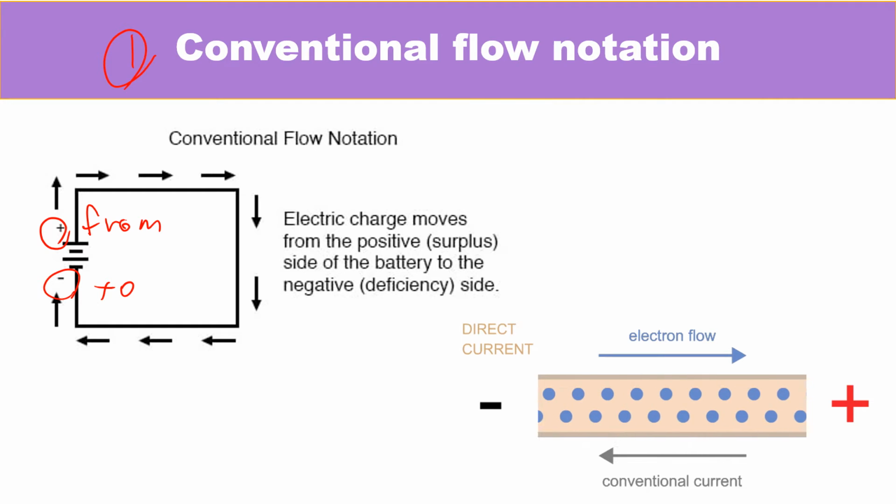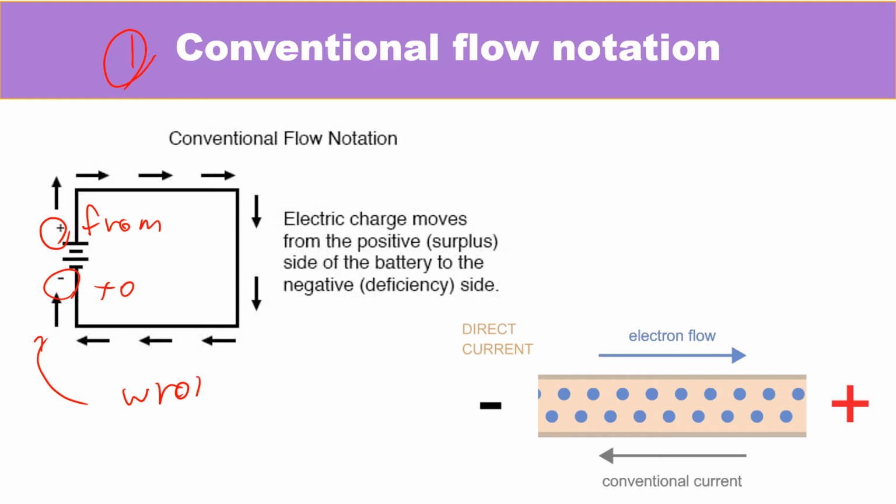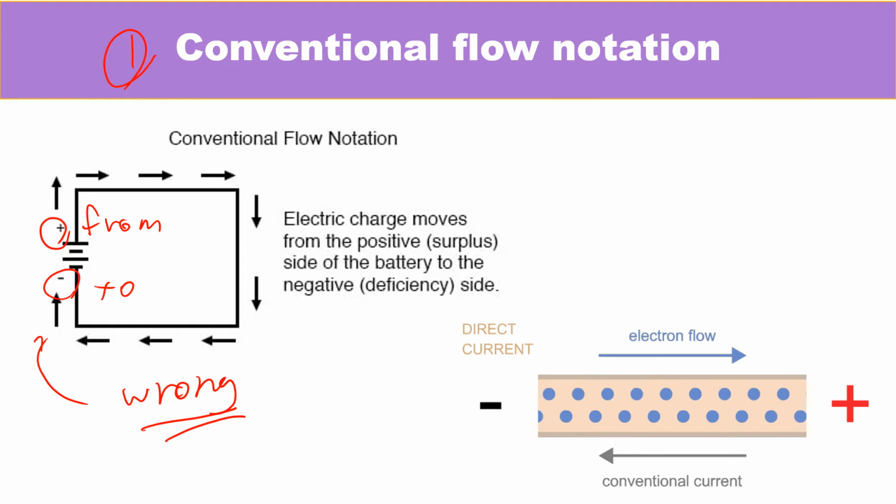Right off the bat, I'm going to tell you this is a wrong method. However, some people still use conventional flow notation just because historically, that's what people believed electrons would do. In fact, it is the opposite.